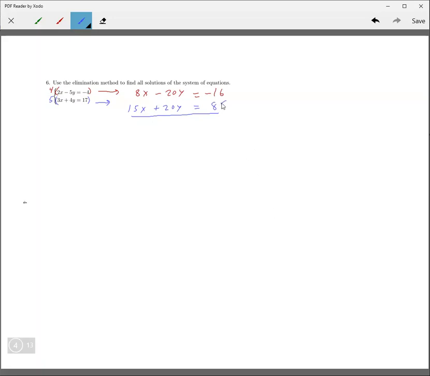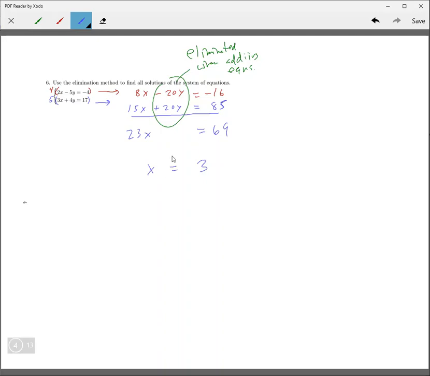Okay, so now I'm going to add these together, and that gets eliminated. So that's the idea. Add those together, that's going to give you 23x over here. That's going to give you 69. So if I divide both sides by 23, I get x equals 3.